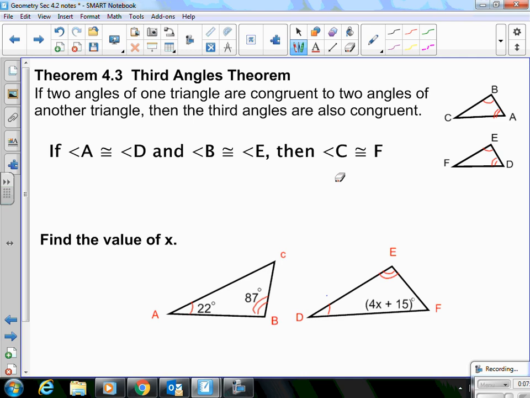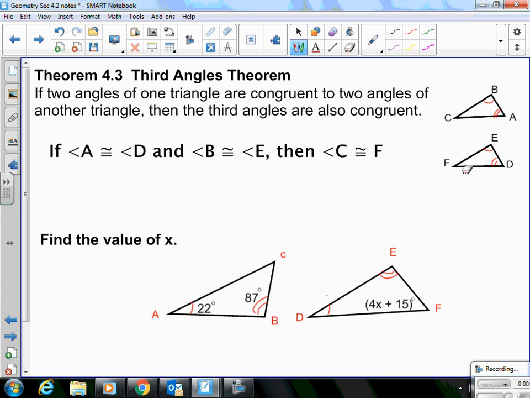Right? So if I already know that two of them are congruent, then those two angles added together is going to equal these two angles added together. And so what's left from those to 180 is going to be the same for angle C and angle F.